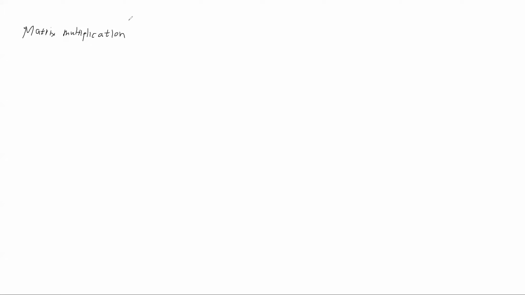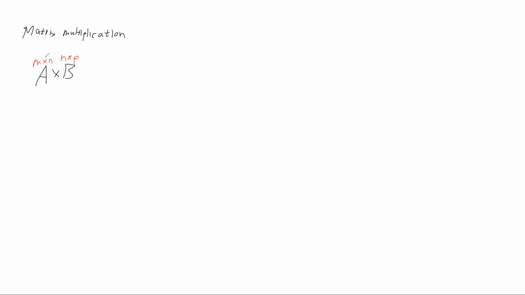All right, matrix multiplication. Before we move on to 2.2, I just want to give you guys a quick intro on how to multiply two matrices together. The first thing we need to check is that the dimensions must match. Let's say A is an m by n matrix and B is an n by p matrix.